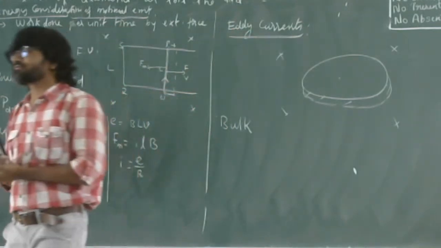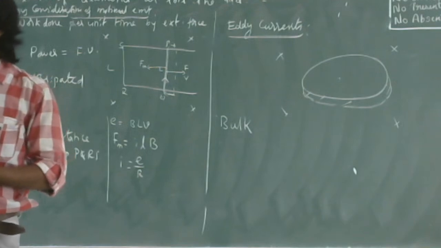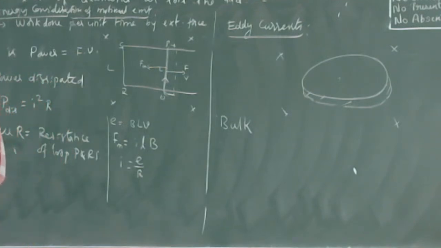So write down: what are eddy currents? The induced currents produced in bulk conductors when they are subjected to a change in magnetic flux.